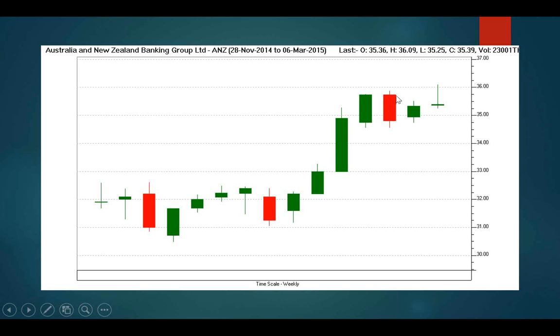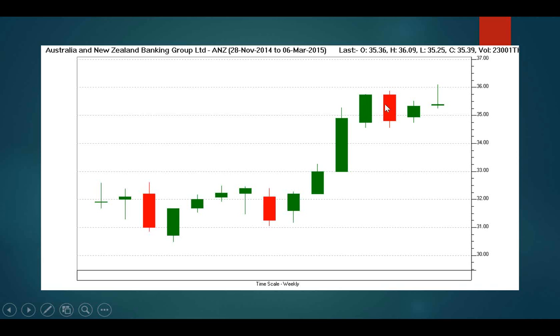We know that this candle opened up here and closed down here. Reason being, the body and the wicks have all been coloured red. So you can get a lot of information just purely based on what's presented and how it's presented.